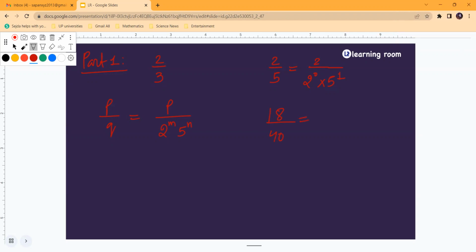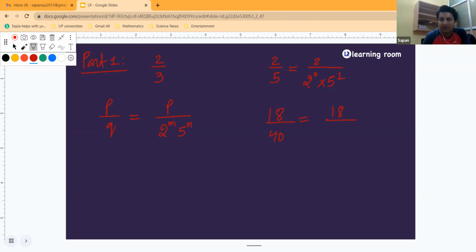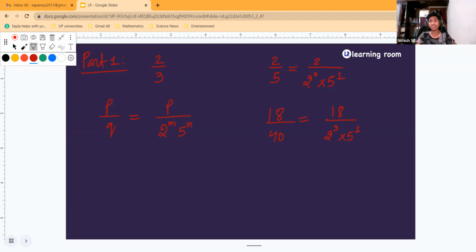Let's say we started with 18 by 40. We don't know if it is terminating or not. So 18 divided by 40. How can I write 40? As 2 to the power of 3 into 5, that is 8 into 5.